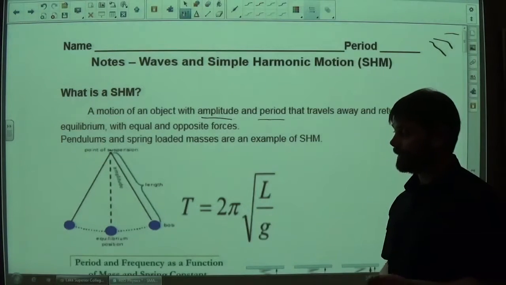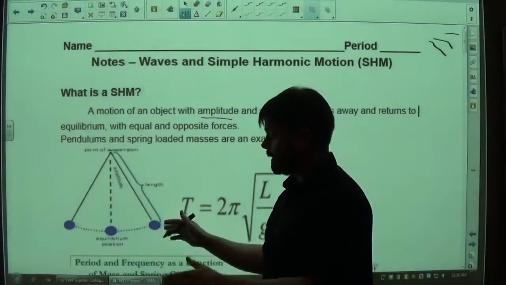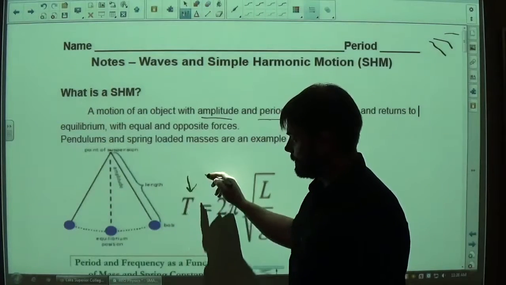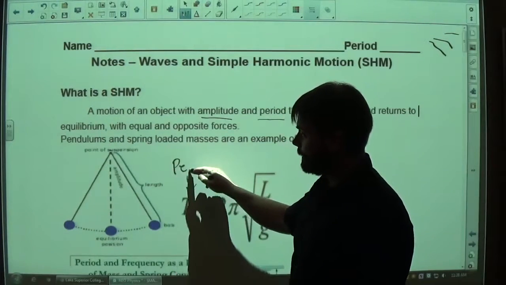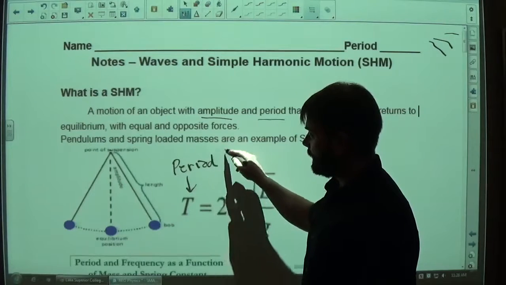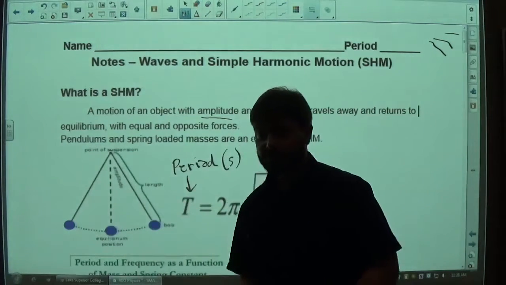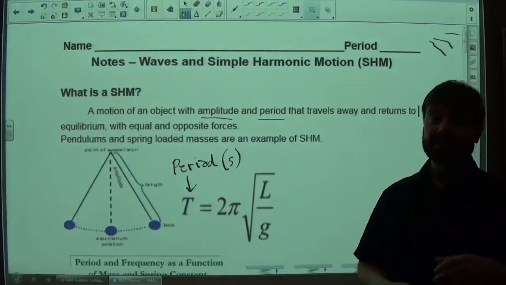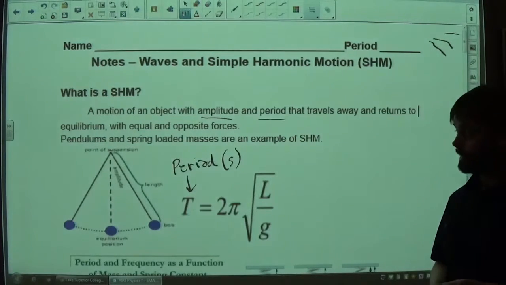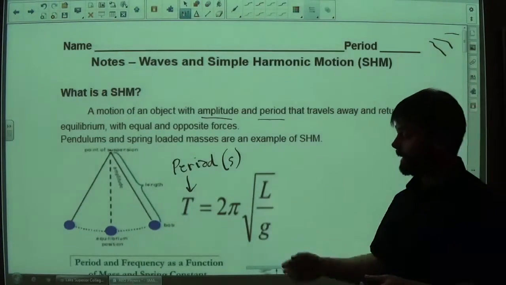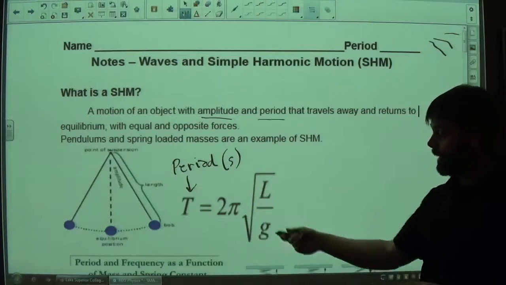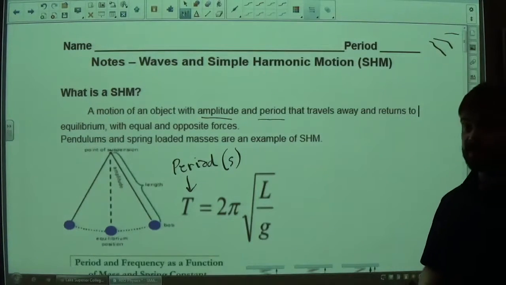And it looks something like this. The period of a pendulum, where the period is represented by T, is the time that it takes for it to make one full oscillation all the way from left to right, and this is represented in terms of seconds. On the right hand side of this equation, it's got 2 pi and then the square root of L over g.